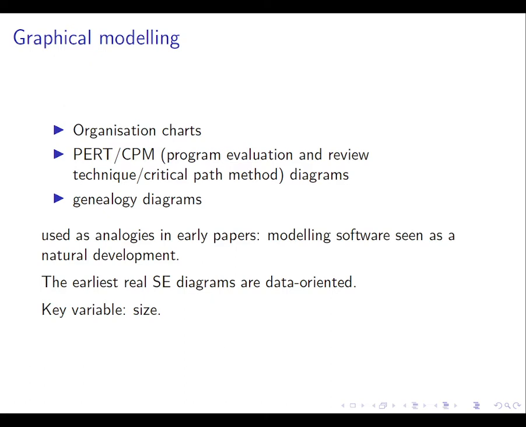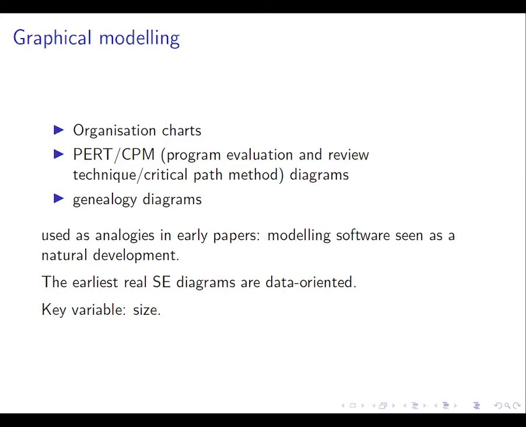You've probably seen genealogy diagrams, where you say, here's a person and here are their parents and here are their parents and so on. And these kinds of graphical models were used as analogies in early papers, and so modelling software was seen as a natural development from modelling other things which had been done before.